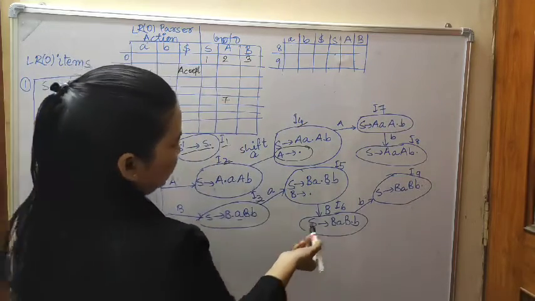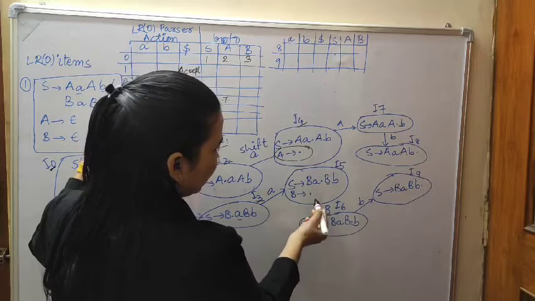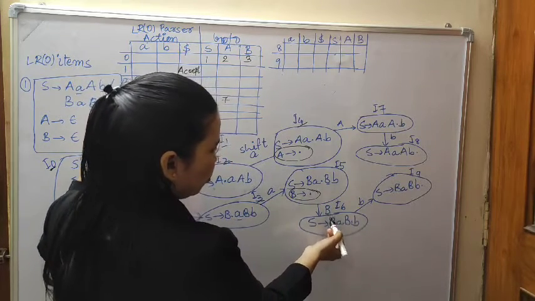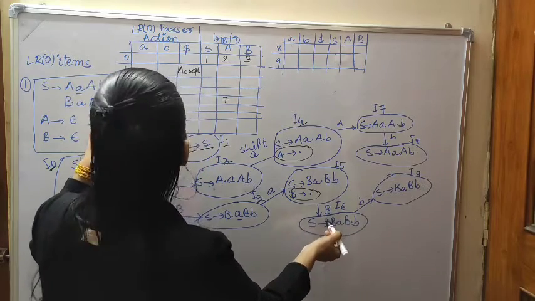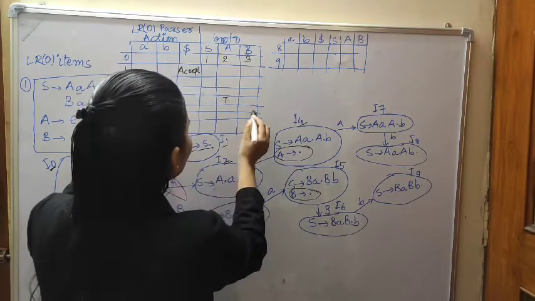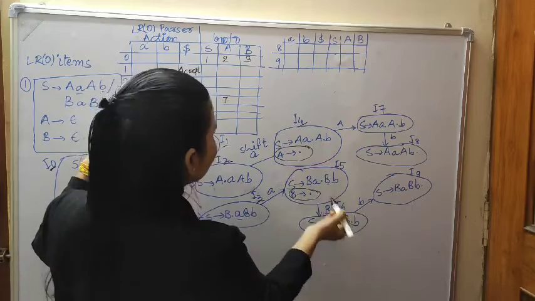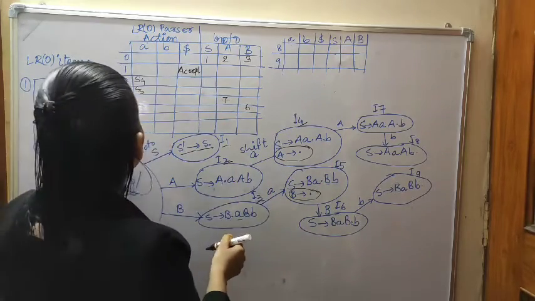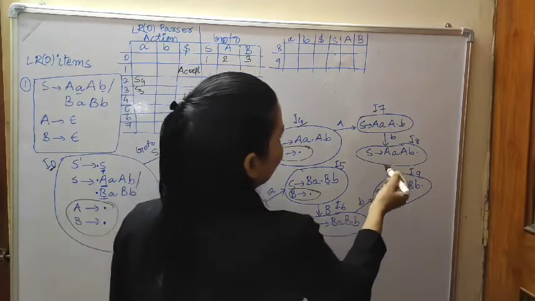Now 5. From 5 it is also a final item, meaning a reduce part, and on capital B we go from 5 to state 6. Now you will check number 6.